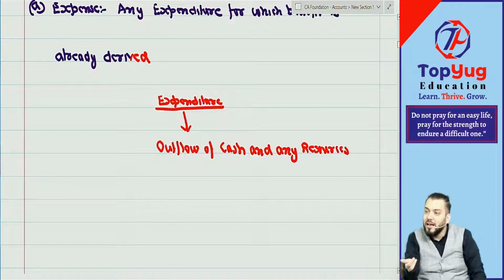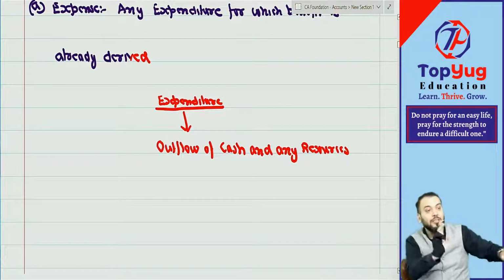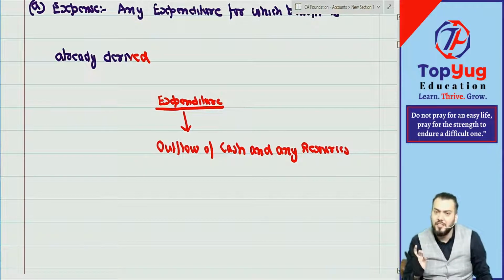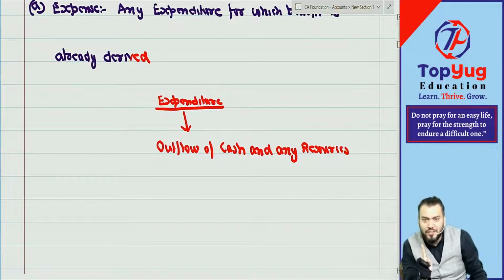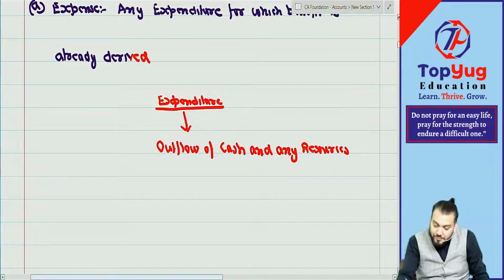But suppose I purchase the camera and the entire benefit is already derived. So it becomes an expense. The rule is very simple. The definition is very clear.